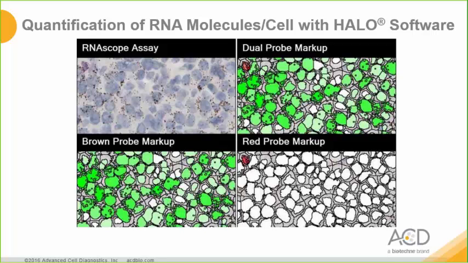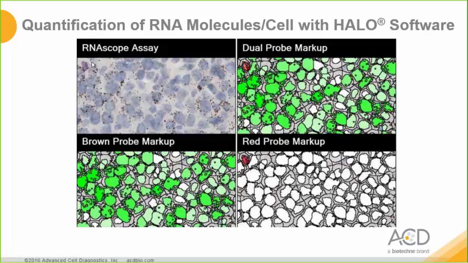This is an example from an RNAscope duplex red-brown chromogenic assay with hematoxylin counterstain. The markup images show the HALO ISH module markup for dual and single probe detection. In the top left-hand field, most of the cells contain brown dots, and there looks to be a single cell in the upper left-hand corner containing red dots.